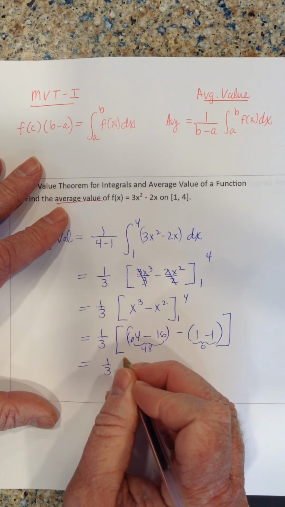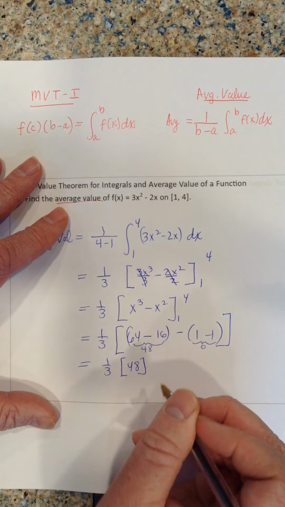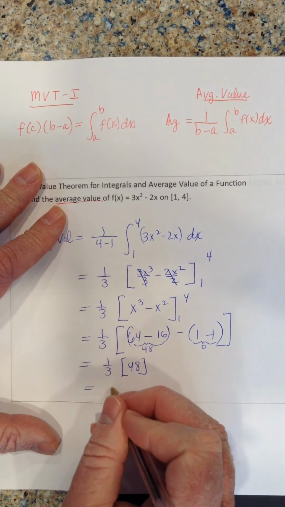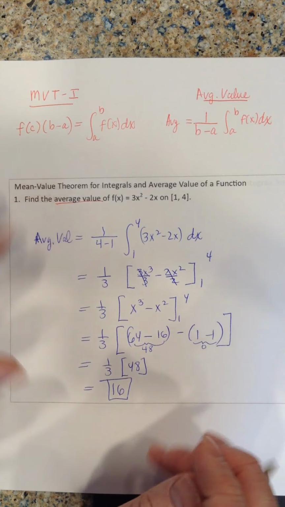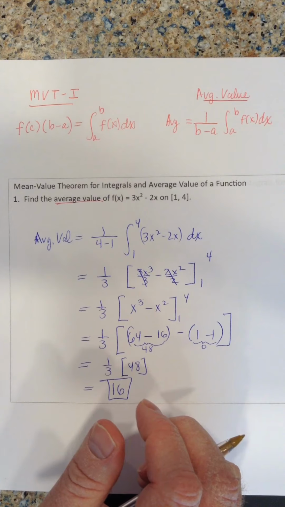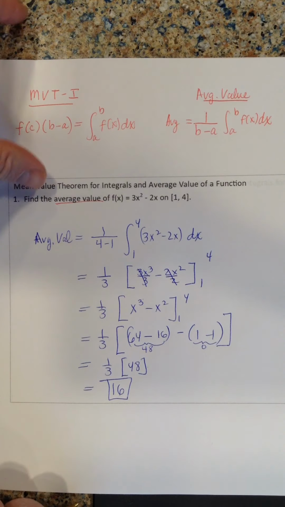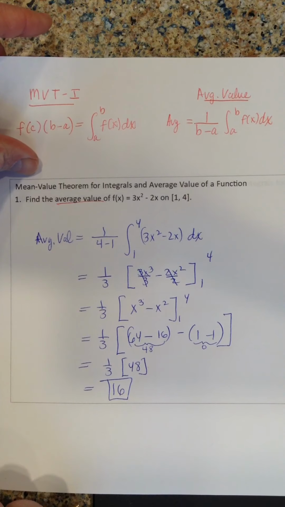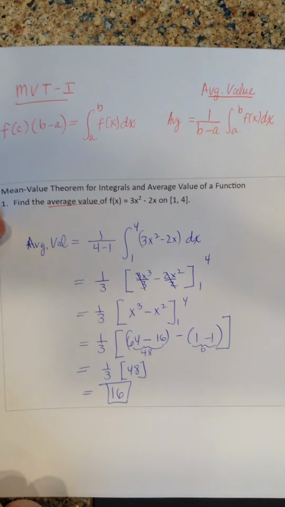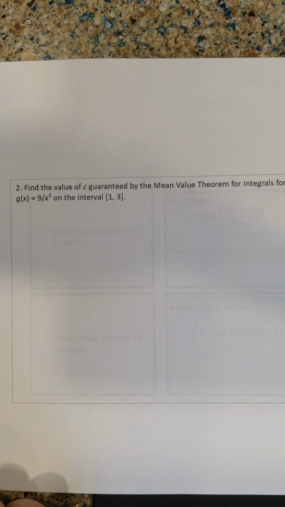So I get 1/3 of 48, which is 16. So the average value of that function is 16, at least on that interval from 1 to 4. Alright, let's look at the second problem.